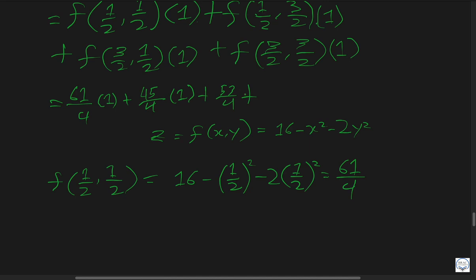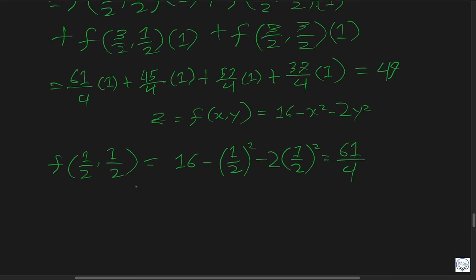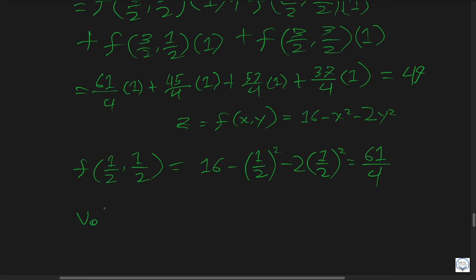This 45 by 4 is the value of f of half, 3 by 2, plus 53 by 4, the value of this part, plus we should have 37 by 4, this one, f of 3 by 2, 3 by 2 times 1.